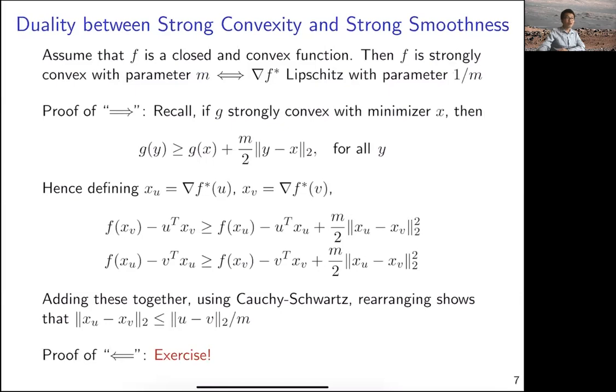If you have a problem that's strongly convex but not smooth, you can convert it into a problem that's smooth but not strongly convex, and then solve that problem by applying techniques from gradient descent. Similarly, suppose you have a problem that's smooth but not strongly convex, you can convert it into the dual problem, which will be strongly convex but not necessarily smooth.